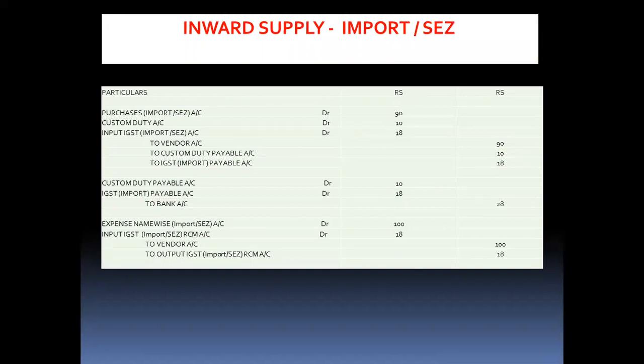Now let's consider inward supply by way of import or from cess. In that scenario, the entry would be purchase, import or cess as the case may be, account debit, customs duty account debit, input IGST import or cess account debit, to vendor account, to customs duty payable account, to IGST import payable account.